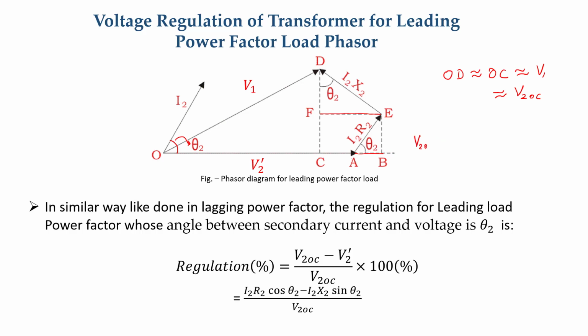So V2 OC minus V2 dash is simply V1 minus V2 dash, equals OD minus OA, which is approximately OC minus OA, which is approximately CA, which equals this expression: I2R2 cos theta 2 minus I2X2 sin theta 2.